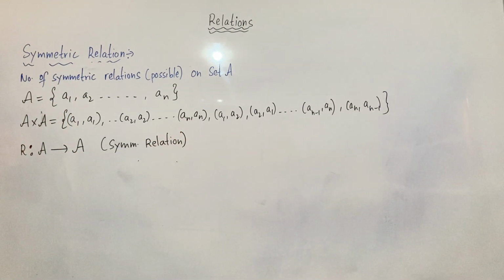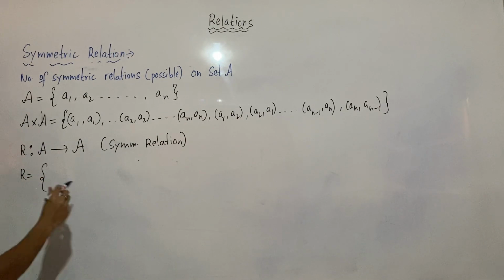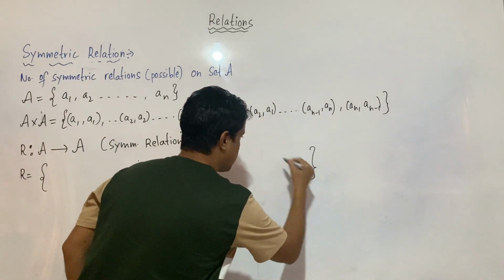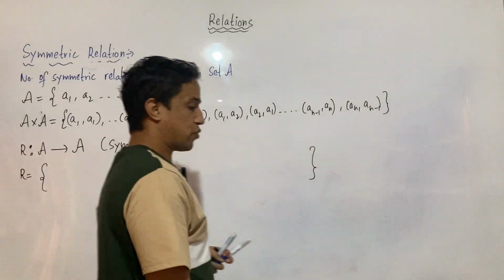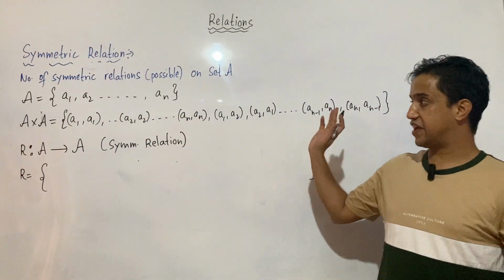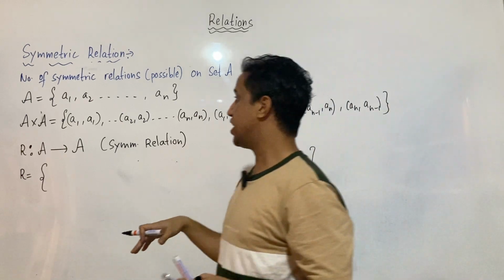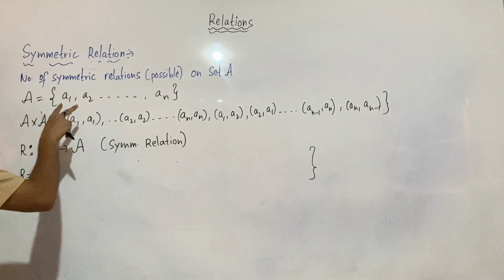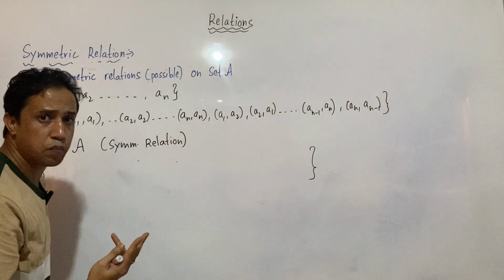Then what would happen? What are going to be the possibilities? Now, the symmetric relation definition says that if A is related to B, then B must also be related to A. So if this element has to come here, it has two possibilities.